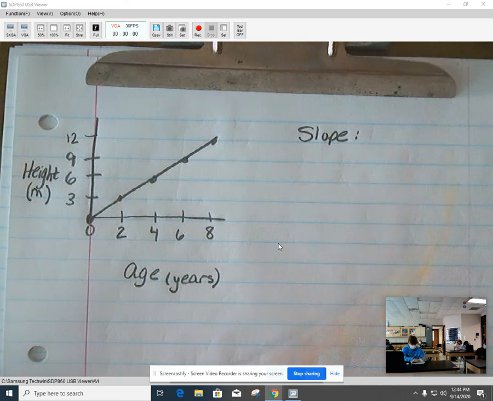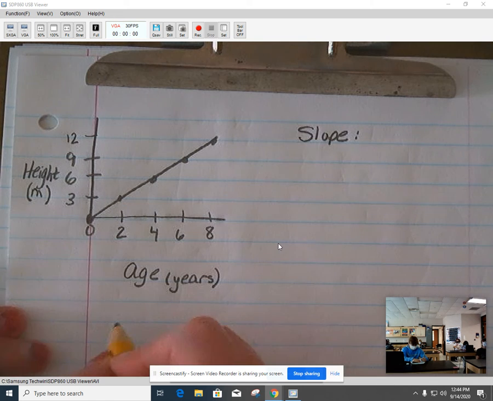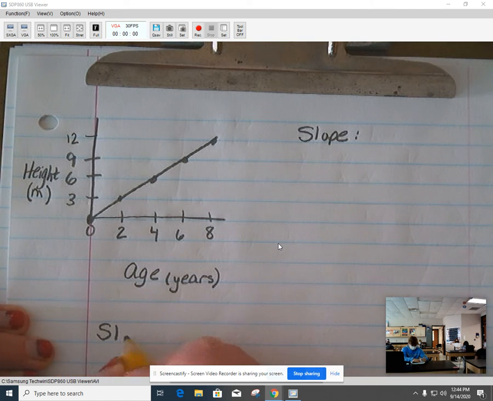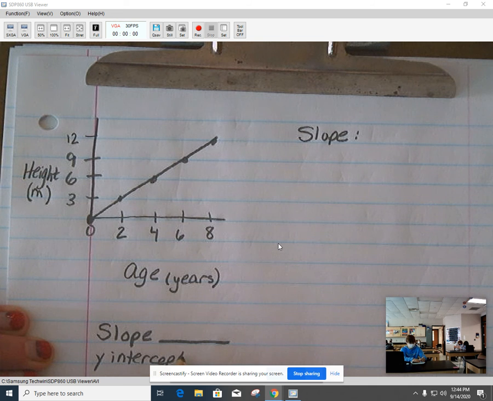So the first thing we're going to do is calculate our slope. And then on the handout, there are some things it's going to want us to do. The first thing is rewrite the slope. The second thing is the y-intercept. The third thing is the equation.